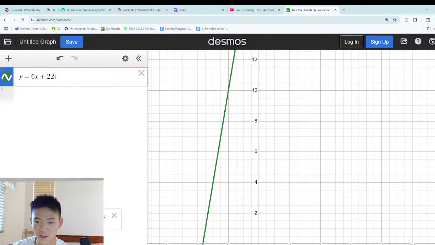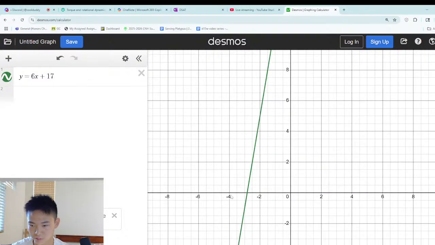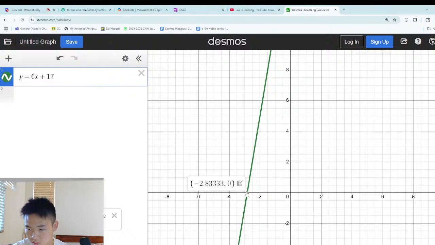If we move this down 5 units, it will be 17. And here we can see the y-intercept, the x-intercept is negative 2.833.